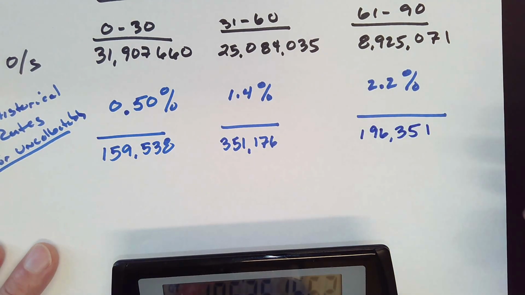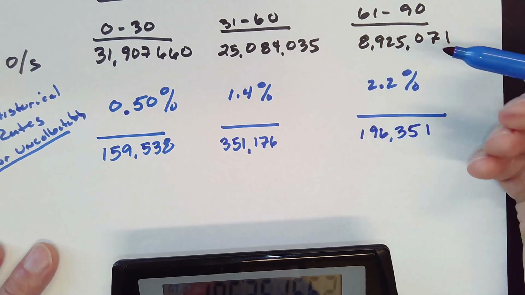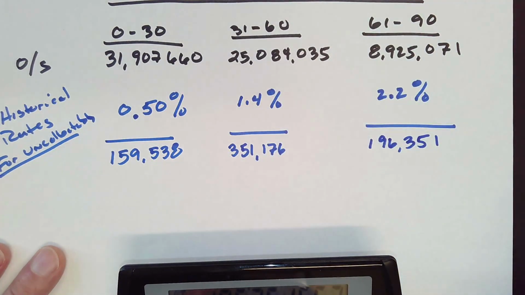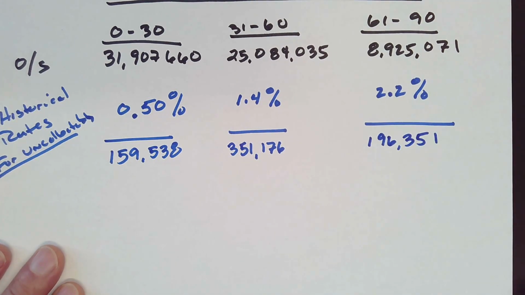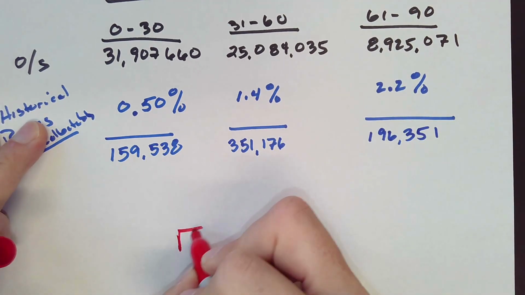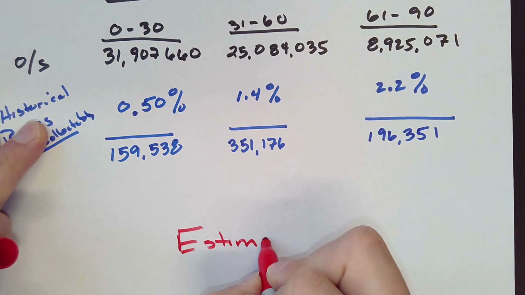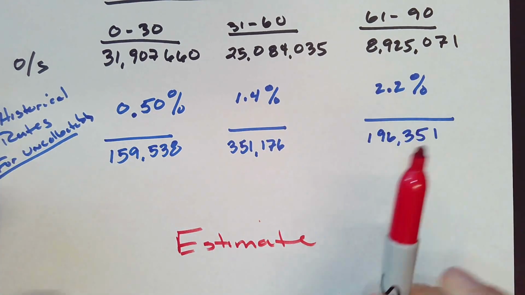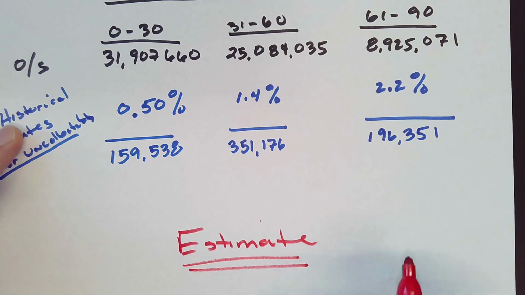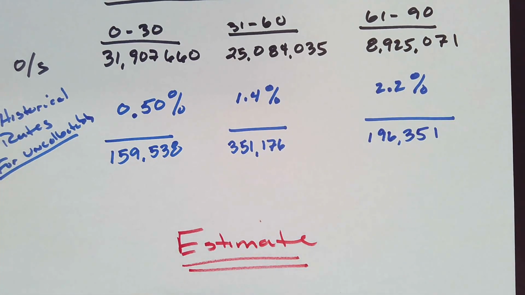Again, I just made these percentages up. Your organization should be theoretically tracking this. The total amount in my estimate, and I want to make sure you understand this is all an estimate, could be higher, could be lower, we don't know. It's a judgment call.